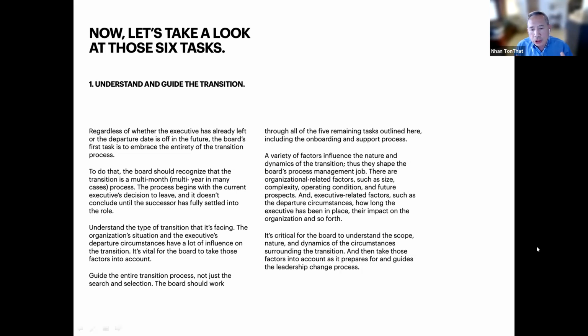If the organization is truly prepared for leadership change, and it knows what its executive director is doing at what phases of their strategy, and for the most part the organization is on track with all of the things firing, then the process is only multi-month.